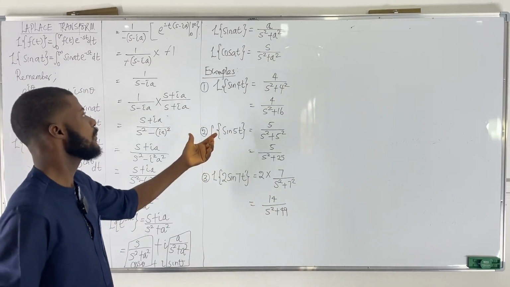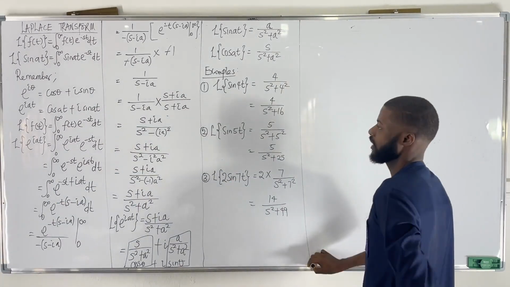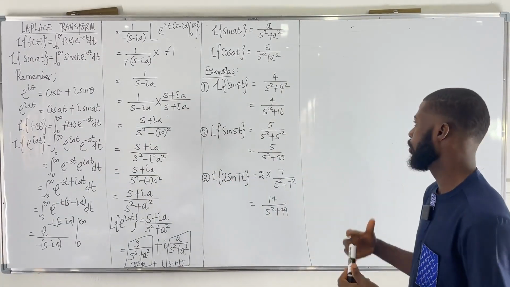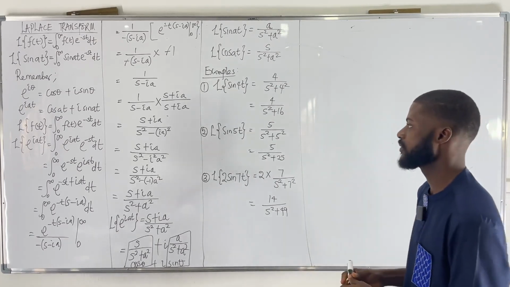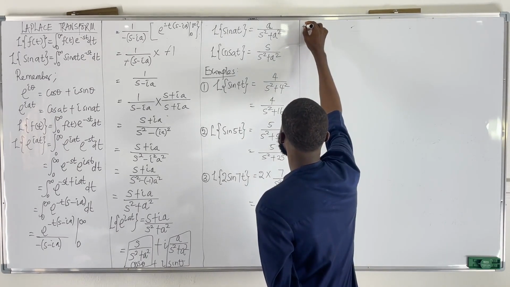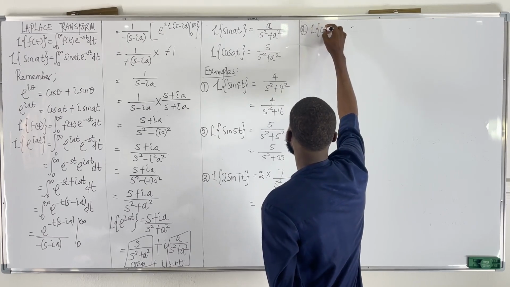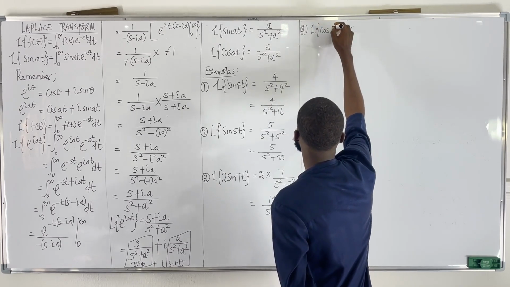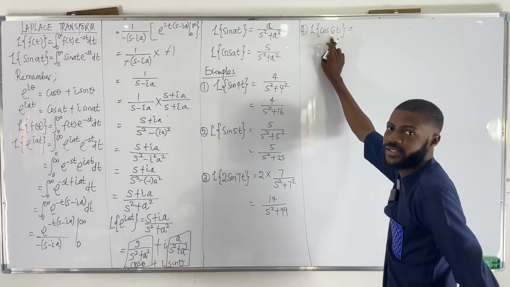Now let's take examples that involve cosine. Remember I said make sure your screen is set to HD so you can see all portions of the board clearly. So example 4, let's say we have the Laplace transform of cos 6t. In this case, a will become 6.